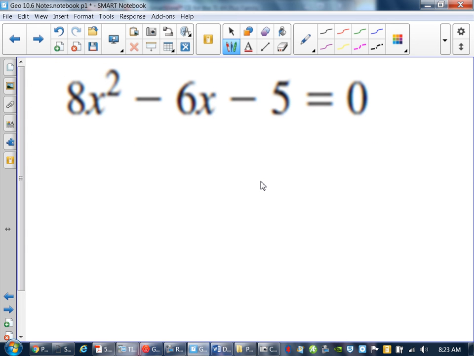Let's try another one. So we have 8x squared minus 6x minus 5 is 0.